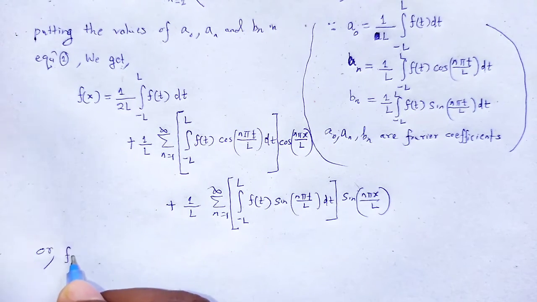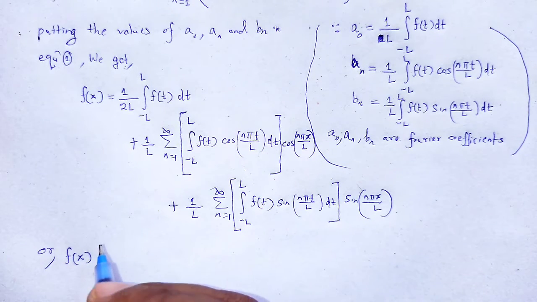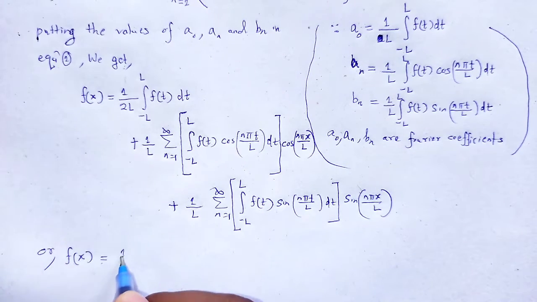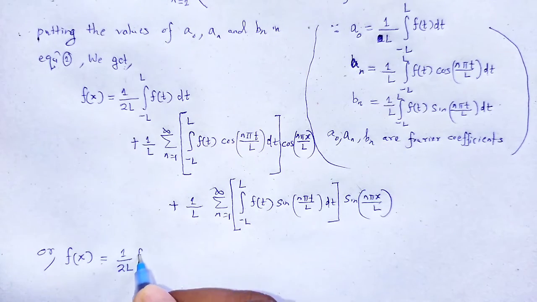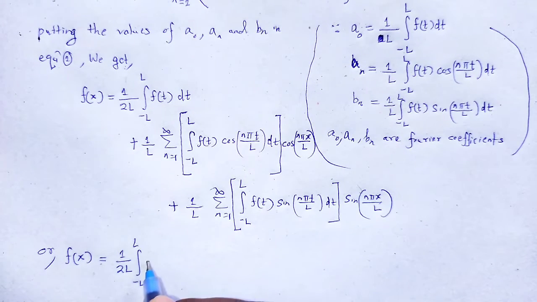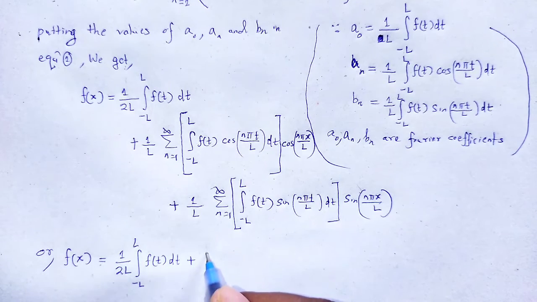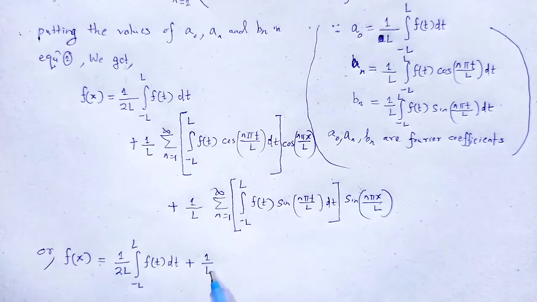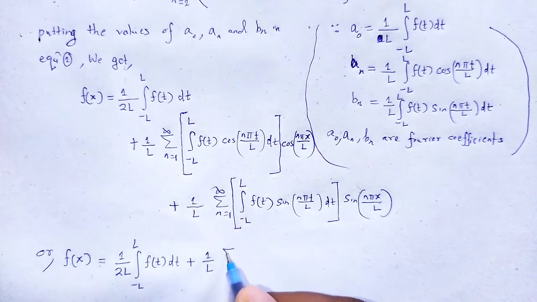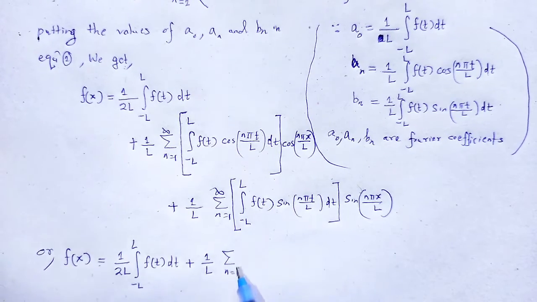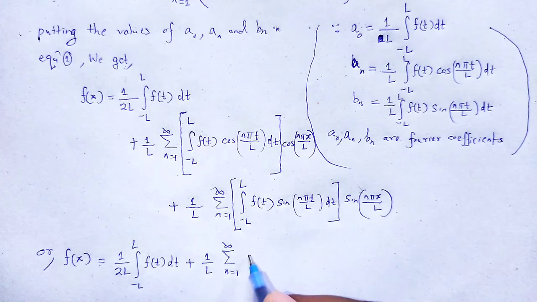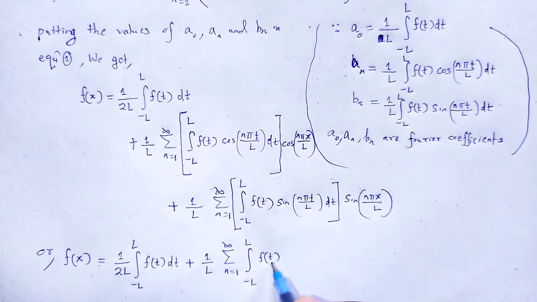The given function f of x is equal to 1 by 2L integration over minus L to L f of t dt plus 1 by L summation over n from 1 to infinity integration from minus L to plus L f of t.